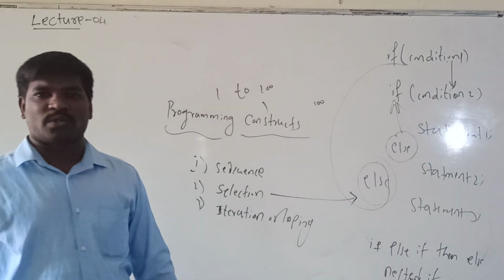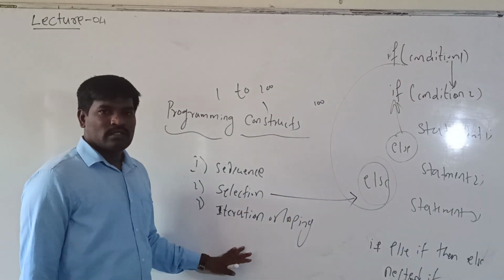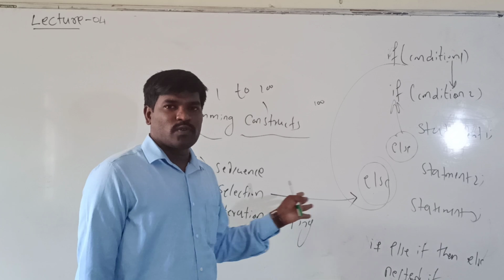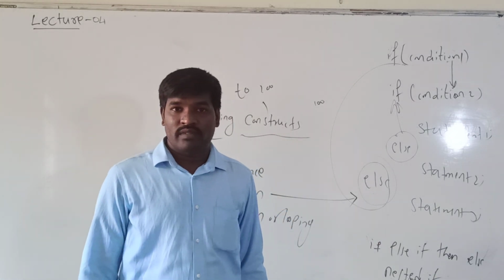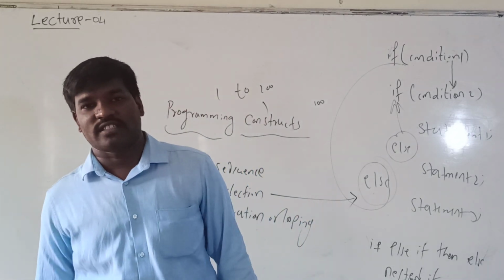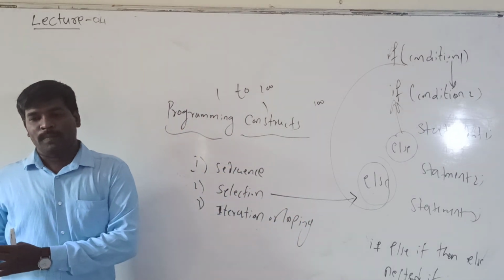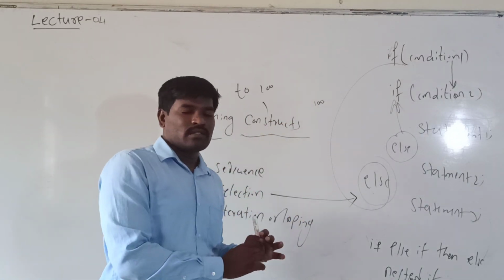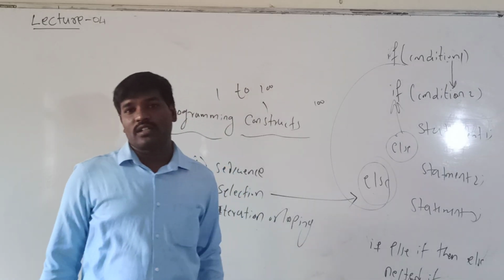If the condition is true, the statements will be executed one time. After that, again it will check the condition, again it will execute the statements. This process will repeat until the condition becomes false. That topic is nothing but iteration or looping.